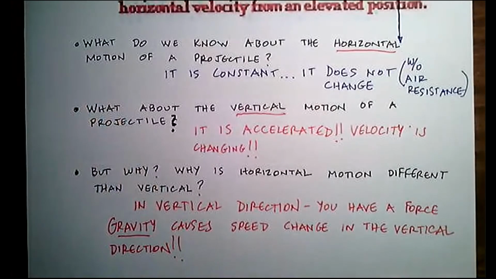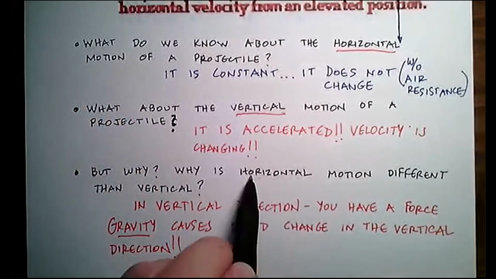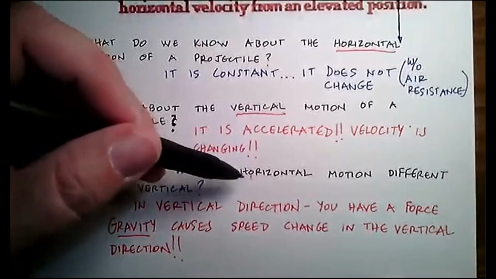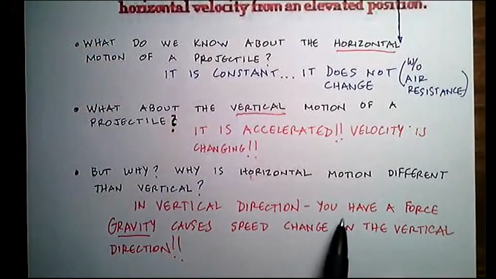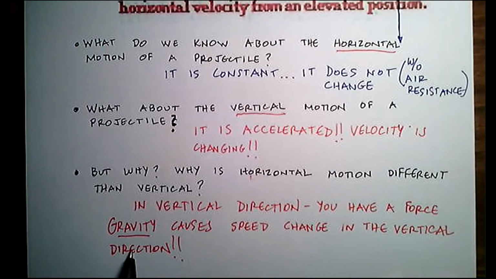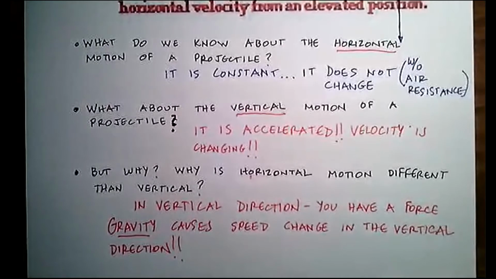So what must that mean then about a horizontal? What must be true about horizontal motion? If I have a force that causes speed change in the vertical direction, we know it's gravity. So I see a speed change vertically, but I don't see a speed change horizontally. What does that mean then about forces acting in the horizontal direction?